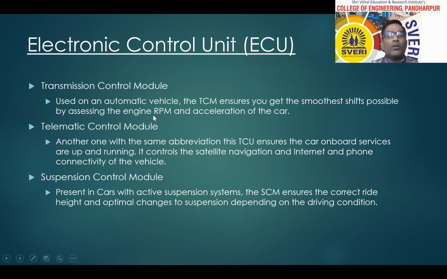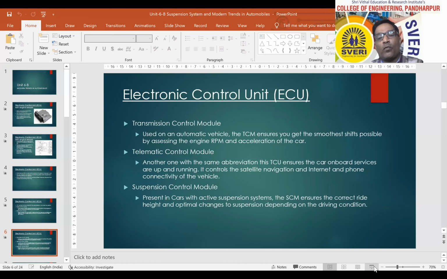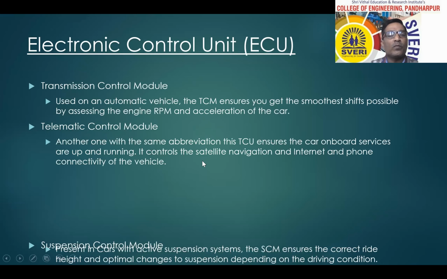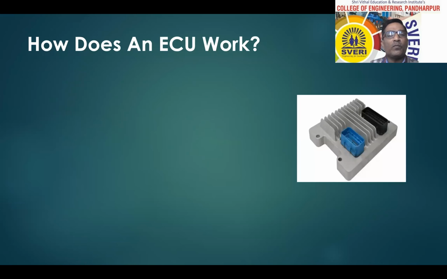So such electronic control units are the important component of modern automobiles. So multiple ECUs are there. Now let us see one of the examples, or one of the operations which comes under this electronic control unit.